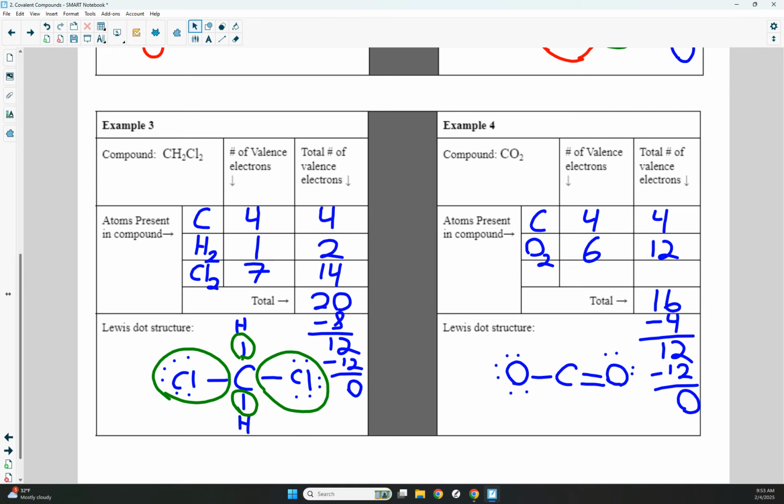So I'm going to do the same thing to the other side. Take those unshared electrons and make them shared, and now everybody's happy. This oxygen has 8 around it. This oxygen has 8 around it, and my carbon has 8 electrons around it.